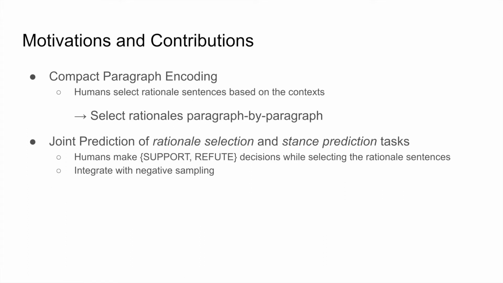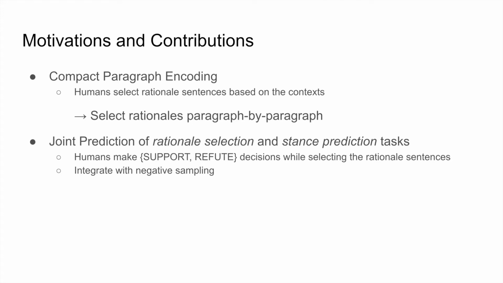Although their solution is simple and easy to implement, there are a few drawbacks, and these limitations are the motivation of our work. Our contributions are the solutions to these limitations. The first point is that humans usually select rationale sentences in the scope of abstracts instead of sentence by sentence individually.